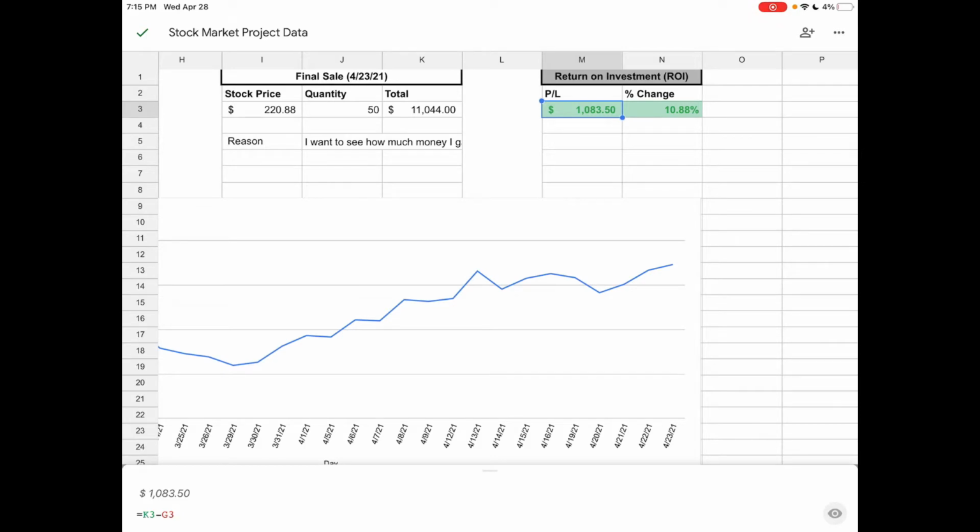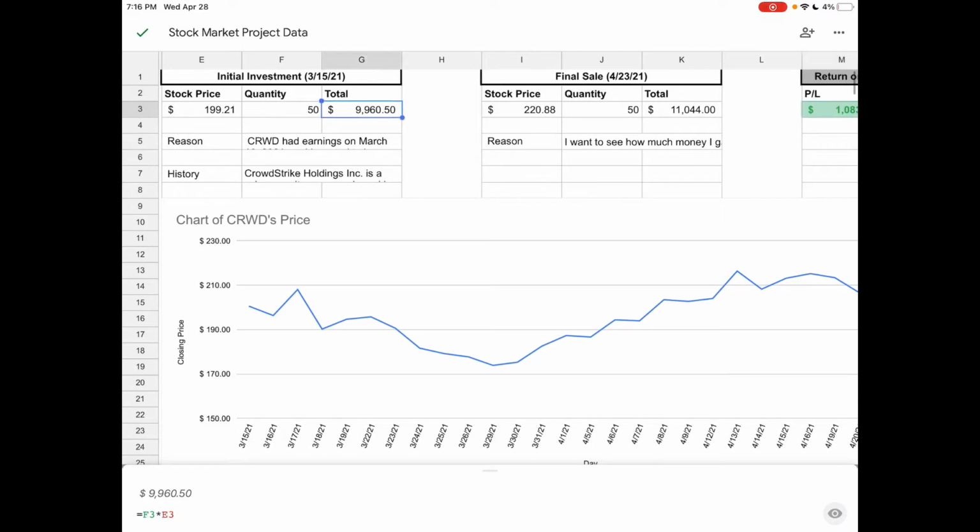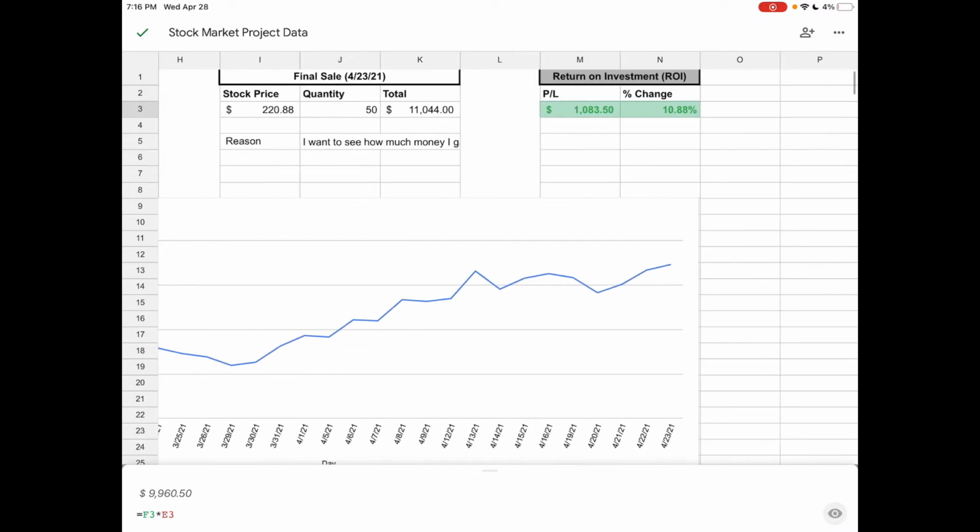To calculate the percent gain of my ROI, I did my profit of $1,083.50 divided by my initial investment of $9,960.50, which was 10.88%. So I did this whole mathematical process to calculate my ROI on my other stocks as well.